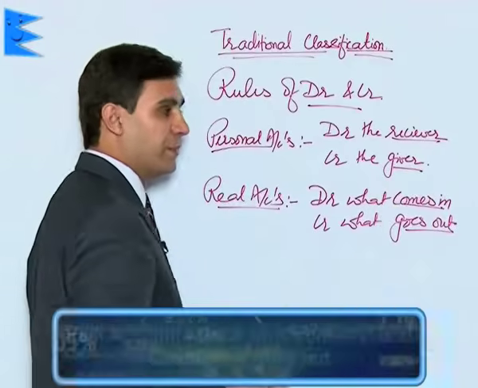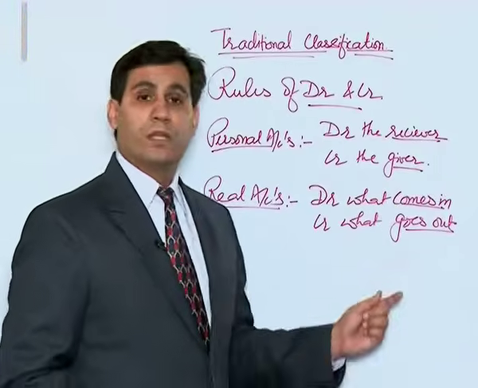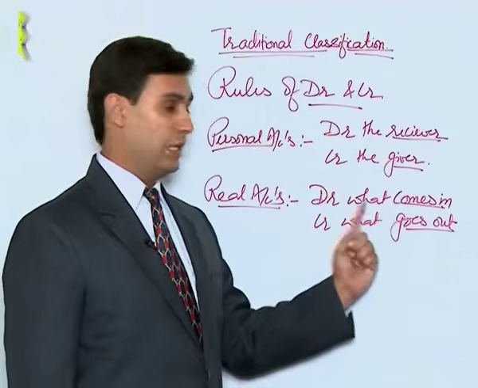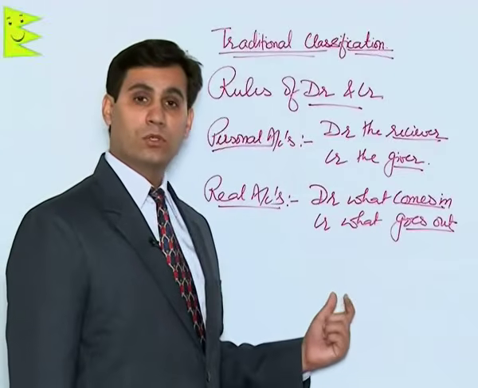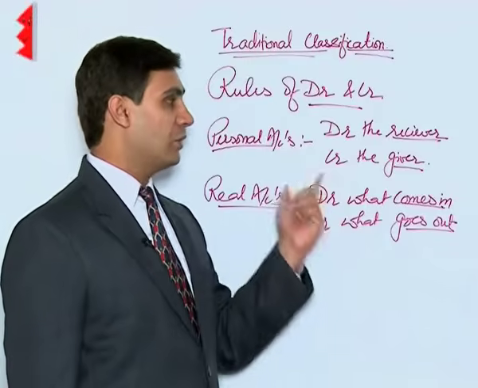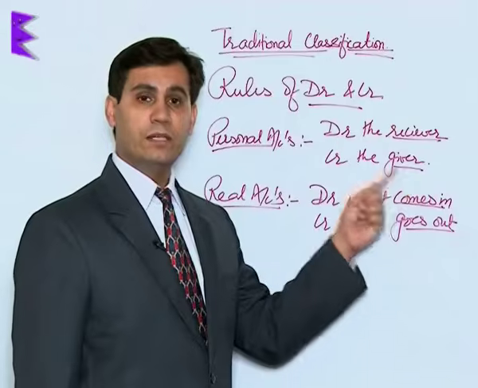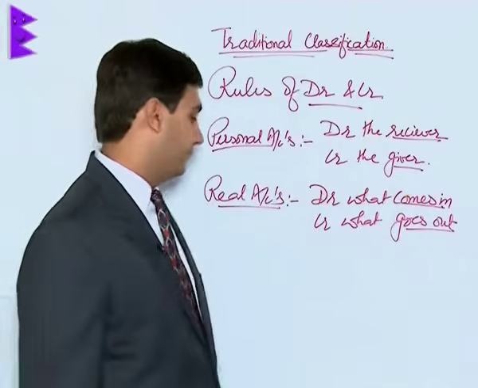Now students, you must remember these keywords here. The rules are based on what is coming in and what is going out. Debit what comes in, credit what goes out. For personal accounts, the keywords are receiver and giver. So debit the receiver, credit the giver.